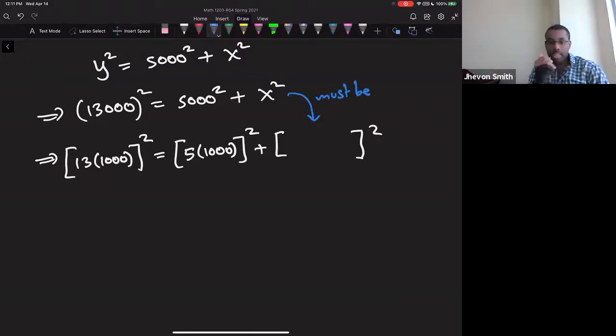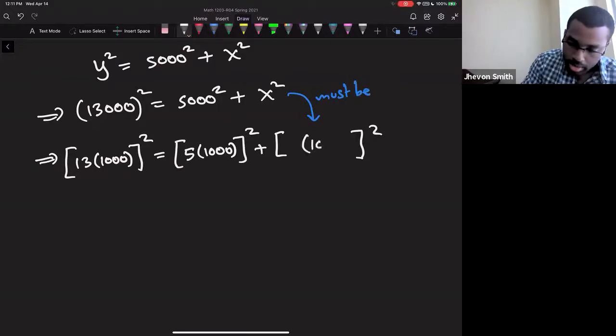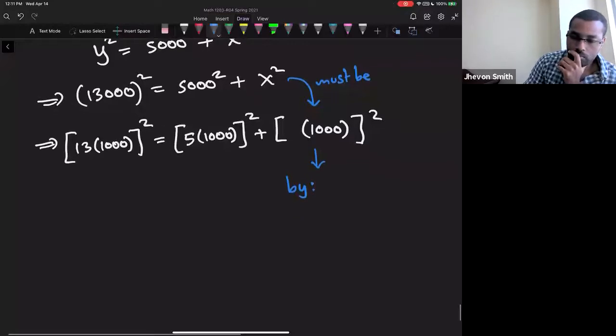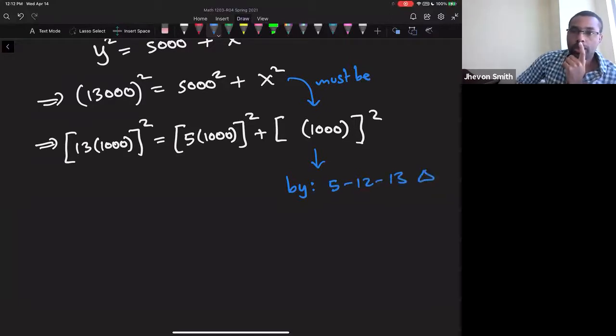This is another special triangle. I did mention it yesterday. What was the special triangle here? 12. So there's a 5, 12, 13 triangle.